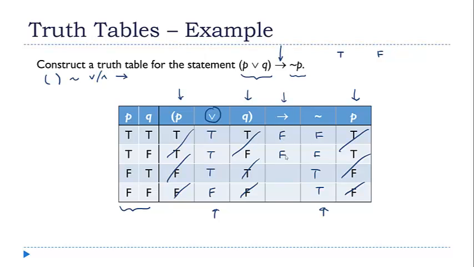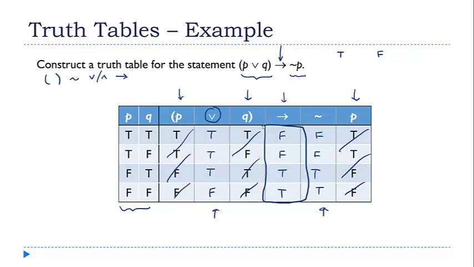So these two are false, and the remaining two are true. So this is the final value of our truth table. We have a mix here. This is neither a tautology nor a contradiction. It's just a random statement. There are times when it's true and times when it's false.